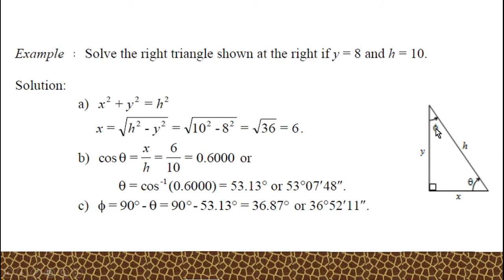Take note, we also have another angle, your delta. To find delta, we can subtract directly. We know that the two acute angles add up to 90 degrees. So 90 degrees minus the 53.13 degrees, which we got earlier, is equal to 36.87 degrees. So that is now the value for your delta.